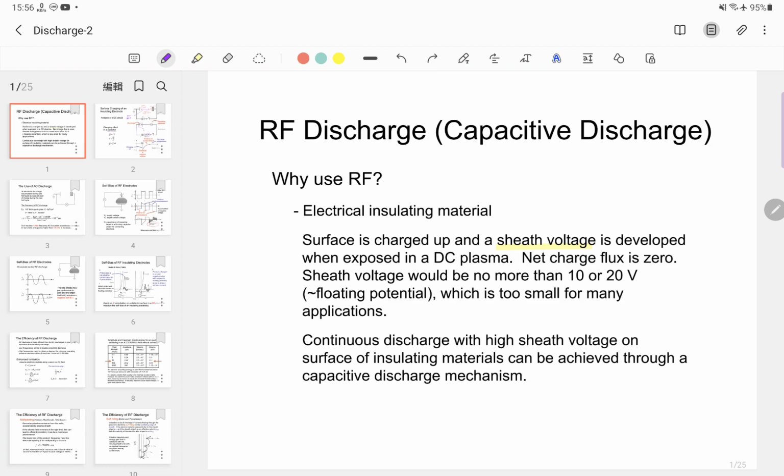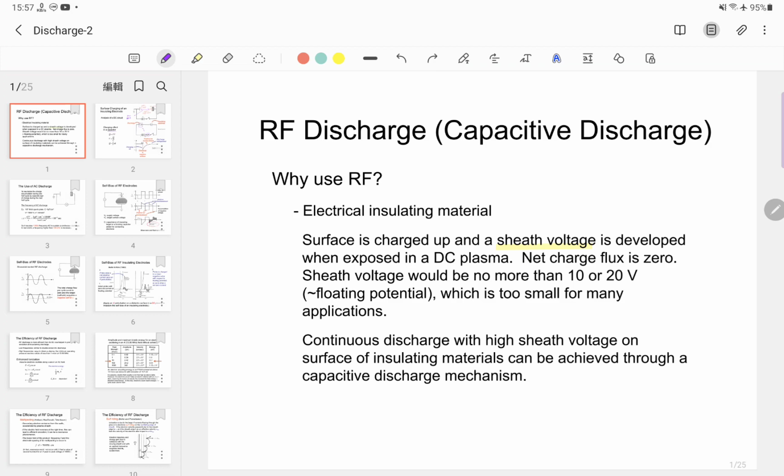So at this point, the potential of the bottom electrode is 0 volts because it is grounded. This part is called RF ground. And the other side of the output can send out very high voltage. This side is called RF high.